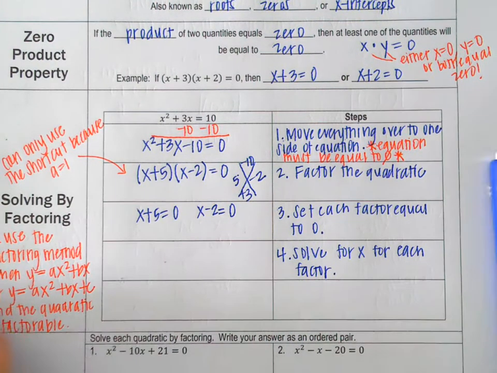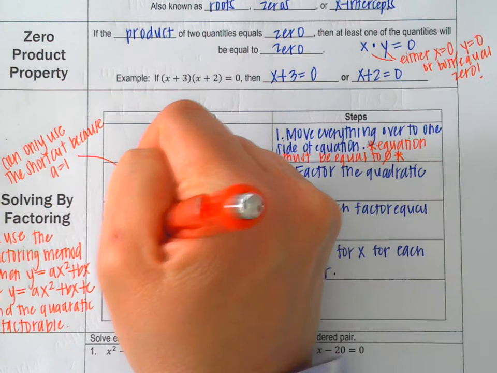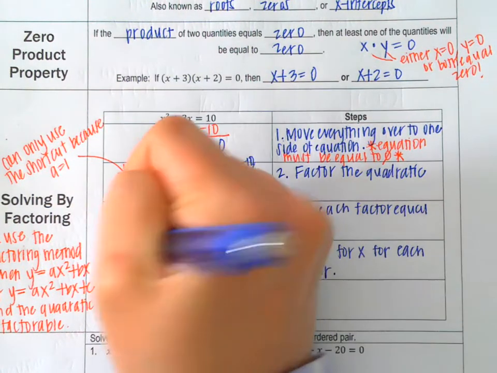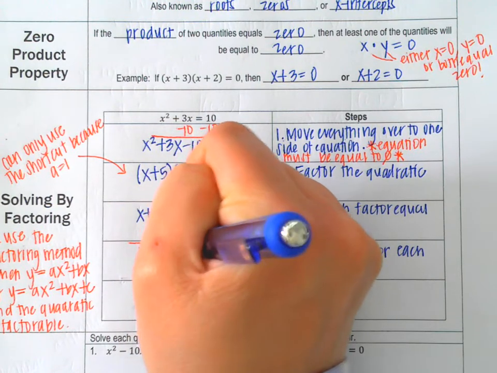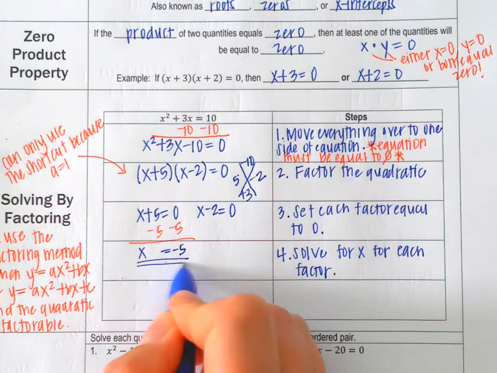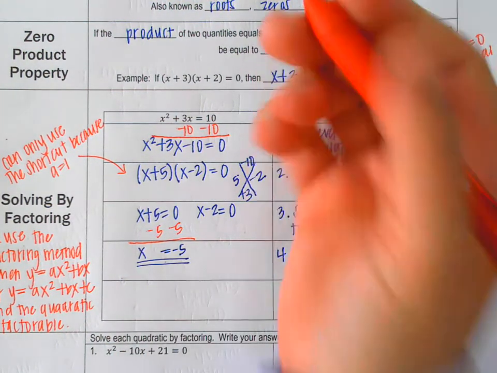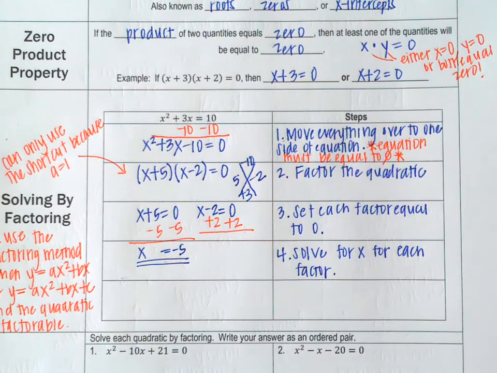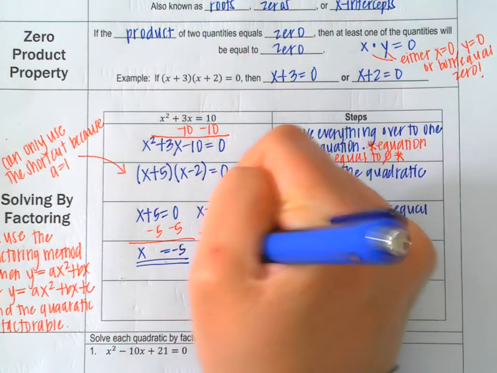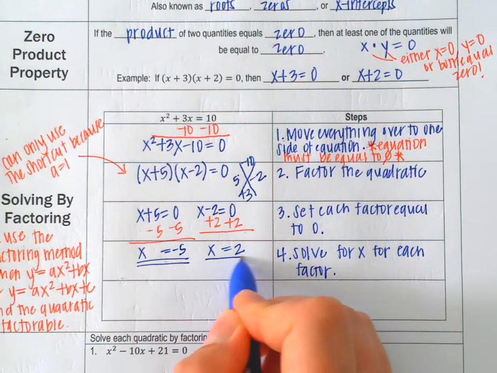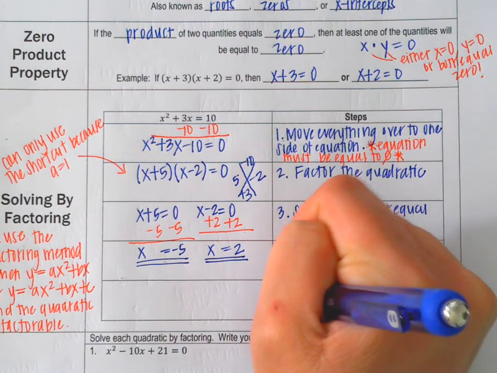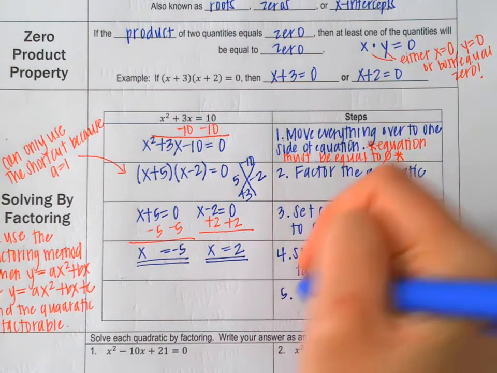So all that means is I'm going to subtract 5 from both sides, and I get x equals -5. I'm going to add 2 to both sides, and I get x is equal to 2. And now I have my two x-intercepts. My last step is to write as ordered pairs.